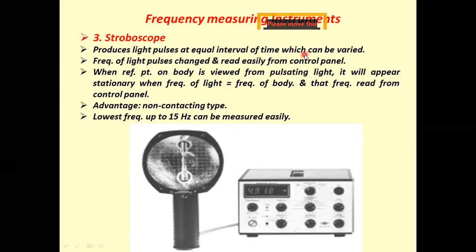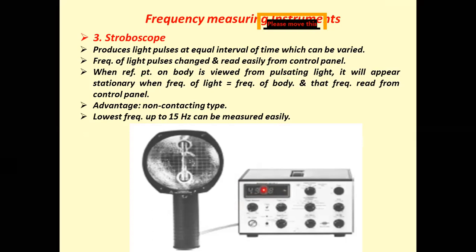So the frequency of the light pulses produced can be changed and easily read from the control panel. For example, 49.18 is the frequency. That can be viewed from this control panel.